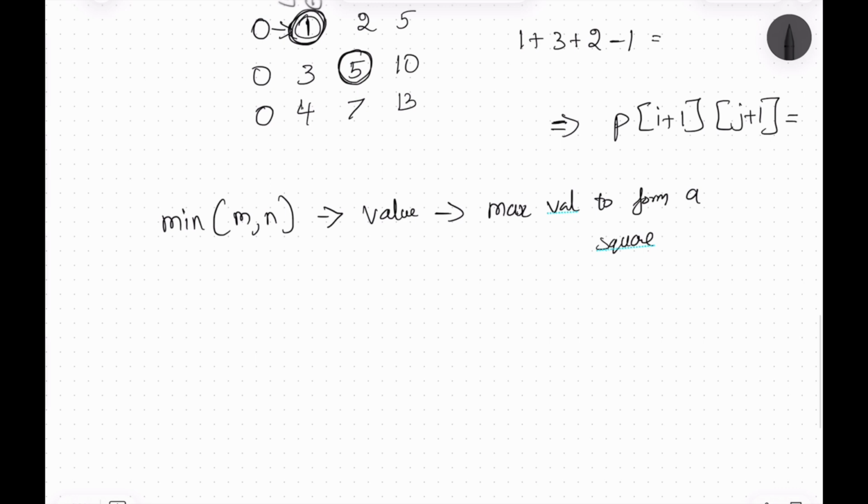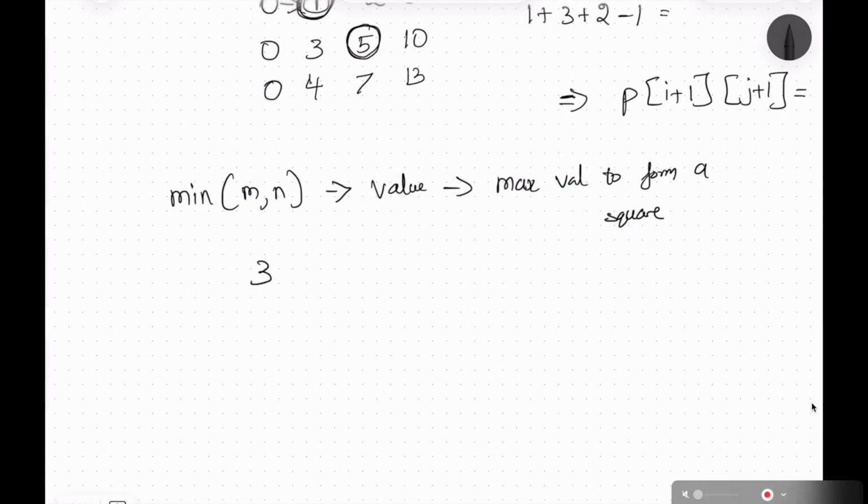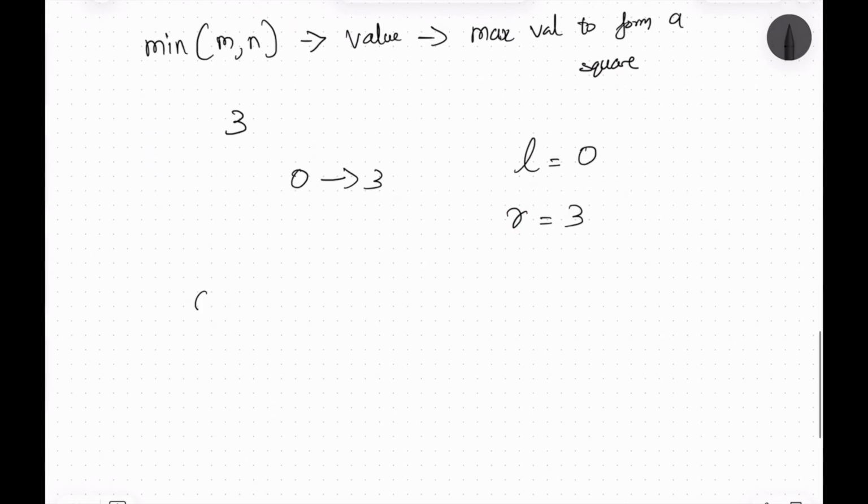So in that occasion here it is 3, so we have the range from 0 to 3, so L will be 0 and R will be 3, right? So 0 1 2 3, L and R at this position.